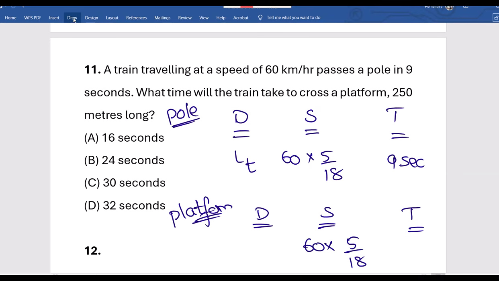Distance, length of the train plus length of the platform. See, many students will waste the time calculating length of the train there and doing all that. My dear friend, in this question, speed is constant. Do you agree speed is constant? When speed is constant, what is the relation between distance and time?